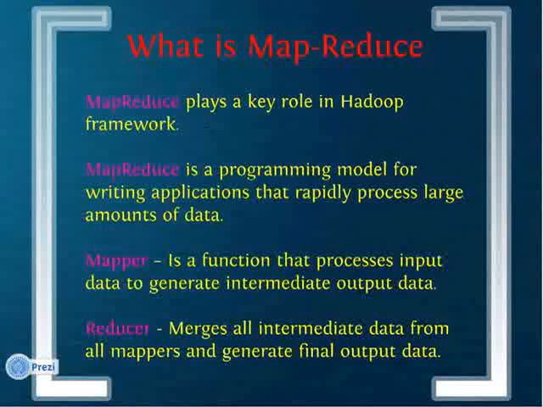The next we have is the definition of mapper and reducer. So before we explore mapper and reducer, let me go back to the school example, which will clarify your doubt and make your concept more clear. So in the school, the principal distributed the task of 1,000 answer sheets among 10 teachers.